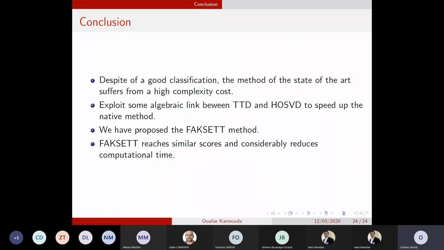So we show that FAKSETT reaches very similar accuracy scores as the native method, with a running time considerably reduced on two real datasets.